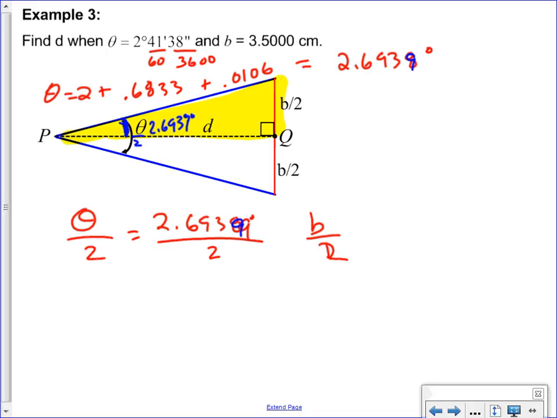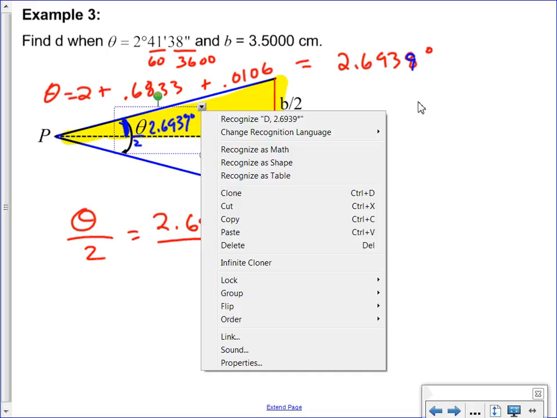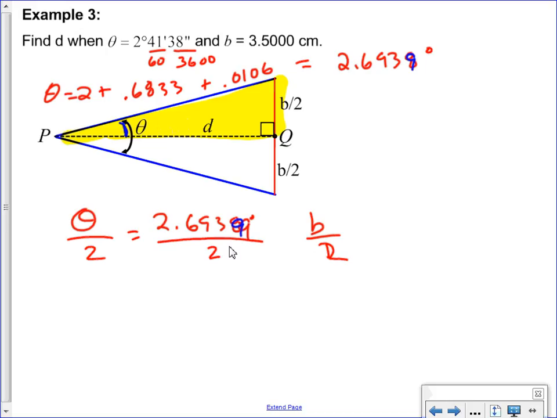Theta is the whole thing, so half of it, we need to divide by 2. Okay, divide it by 2, please. What is it? 1.34695 degrees? Is that right?